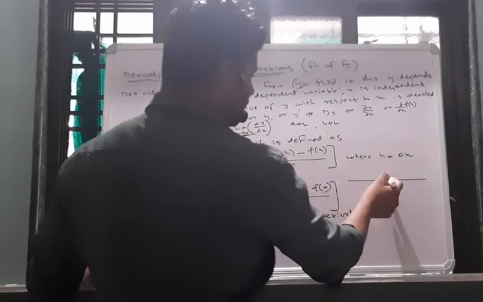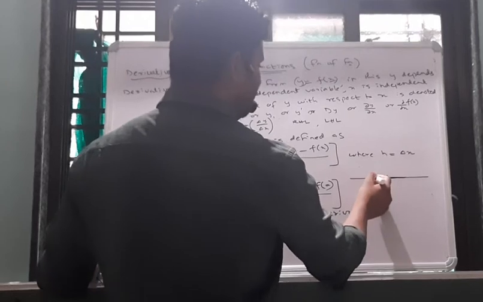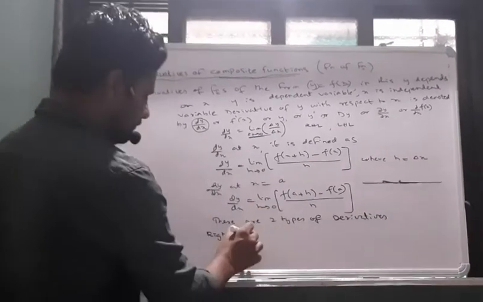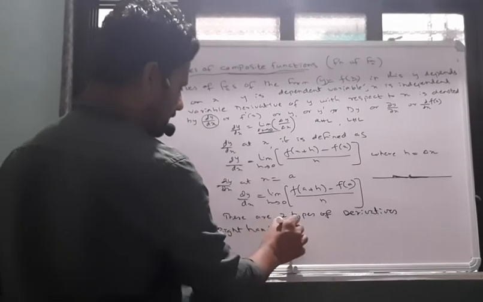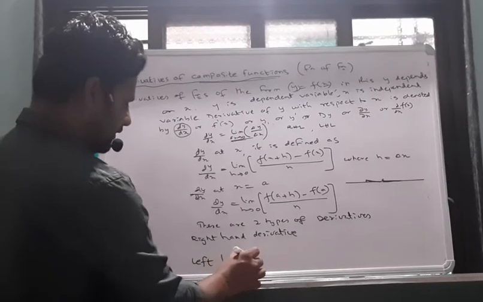Here also, dy by dx has two values, one from the right side and another from the left side. This is the right hand derivative, and the other is the left hand derivative.